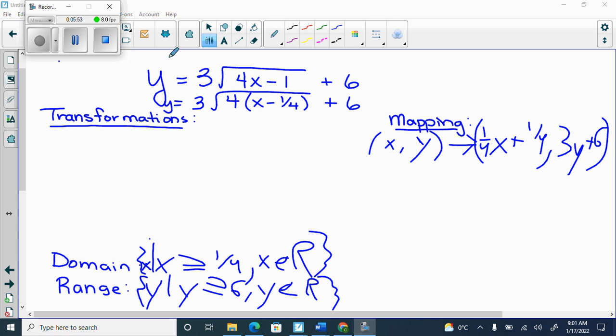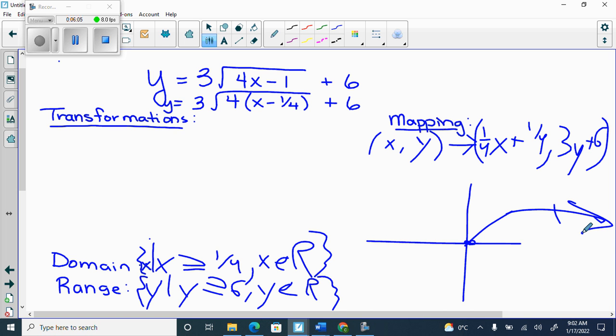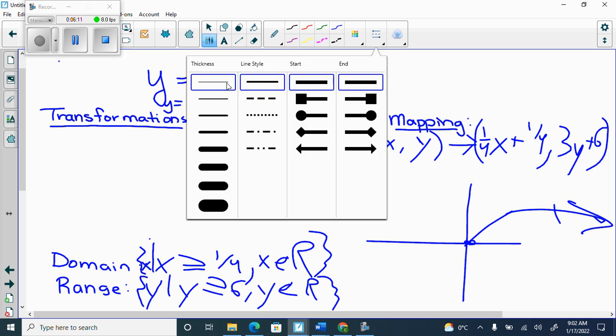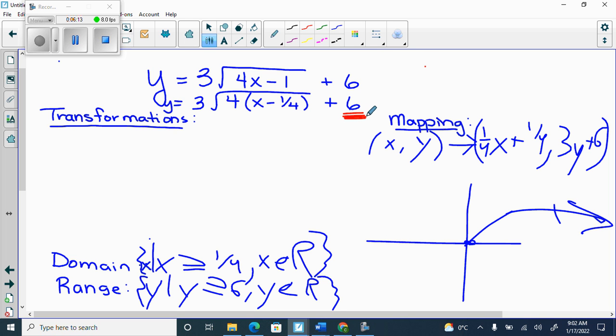It's usually y is greater than or equal to 0, and the only thing that changes it is a vertical translation. Because your radical graph normally looks like that. Then reflections will change the greater than or equal to sign.